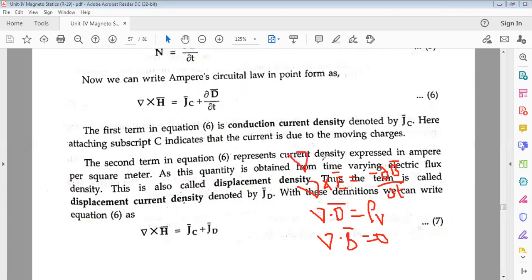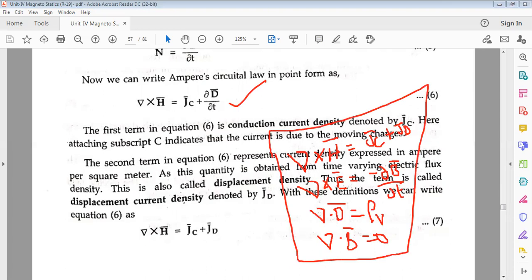And now we have derived the expression of one of the Maxwell's equations, del cross H bar is equal to JC plus JD, where JD is dou D bar by dou T. So these are the four Maxwell's equations in point form. Point form is a very, very important part, students.